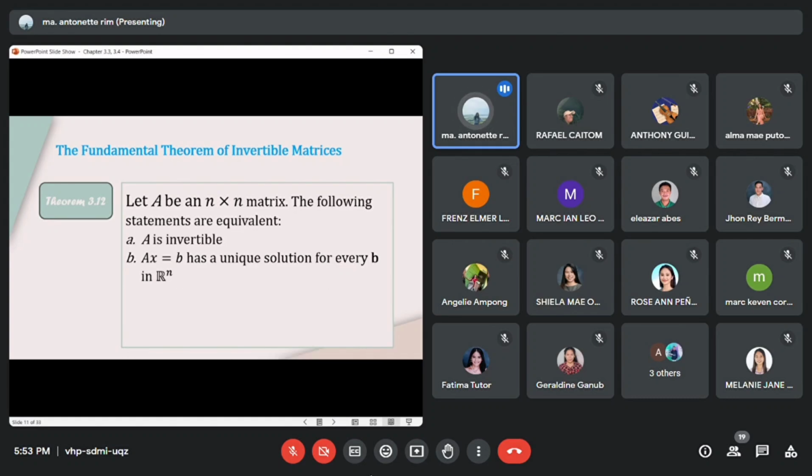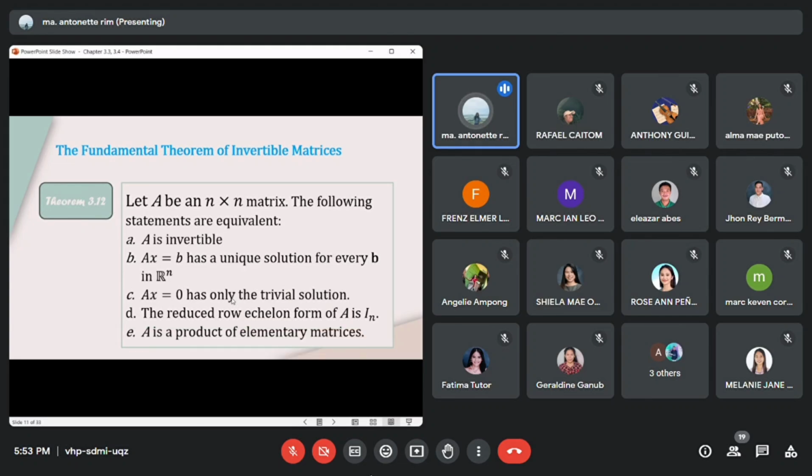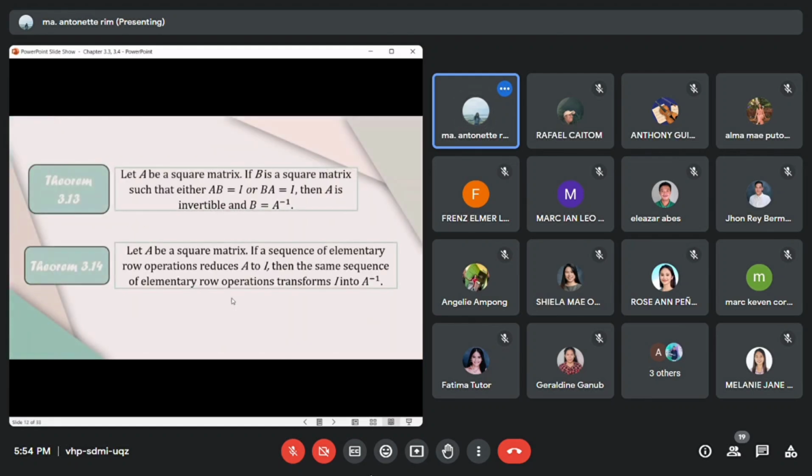To find X, we multiply B with the inverse of A. And Ax equals 0 has only the trivial solution. And the reduced row echelon form of A is an identity matrix I sub n. And A is a product of elementary matrices.